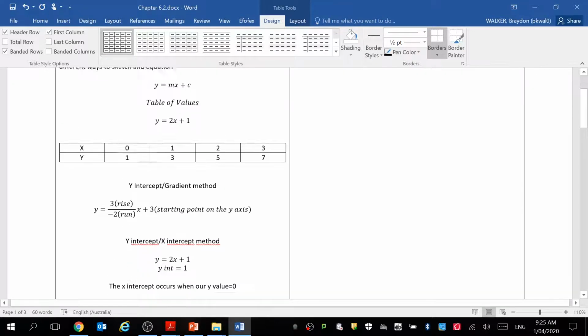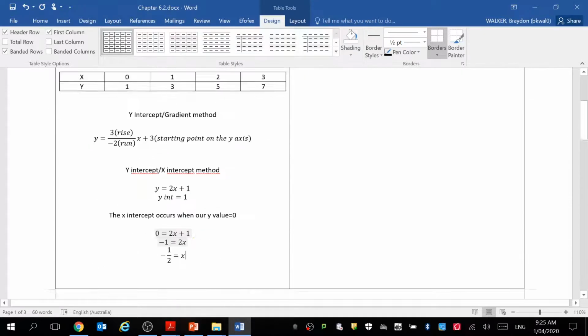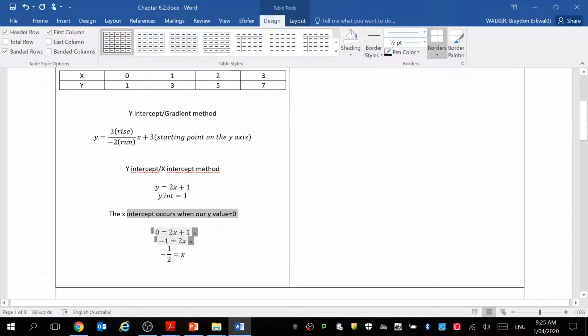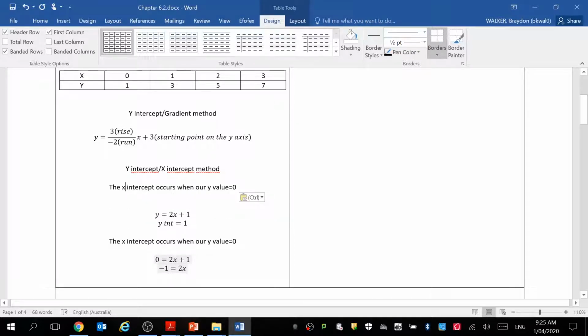But there's the starting point for that one. That's how you graph each of these. Now, the important thing to know, and I should put this up here as well, for the x and y-intercept method, the y-intercept occurs when our x value equals 0. That's going to be important to know for some future questions.